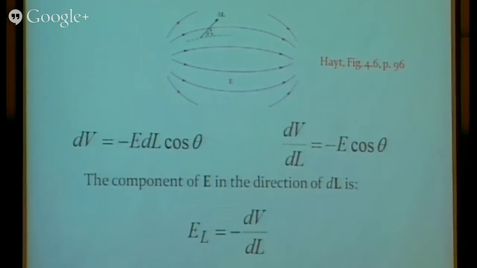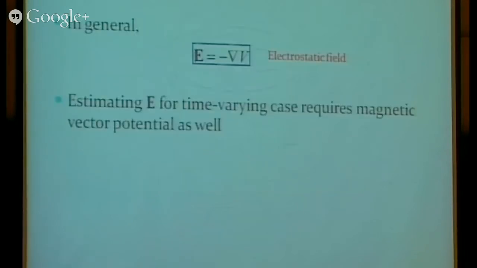We know that the del operator gives the three-dimensional derivative. While this equation holds for one dimension, for three dimensions I can generalize this expression: E is equal to minus gradient of V.